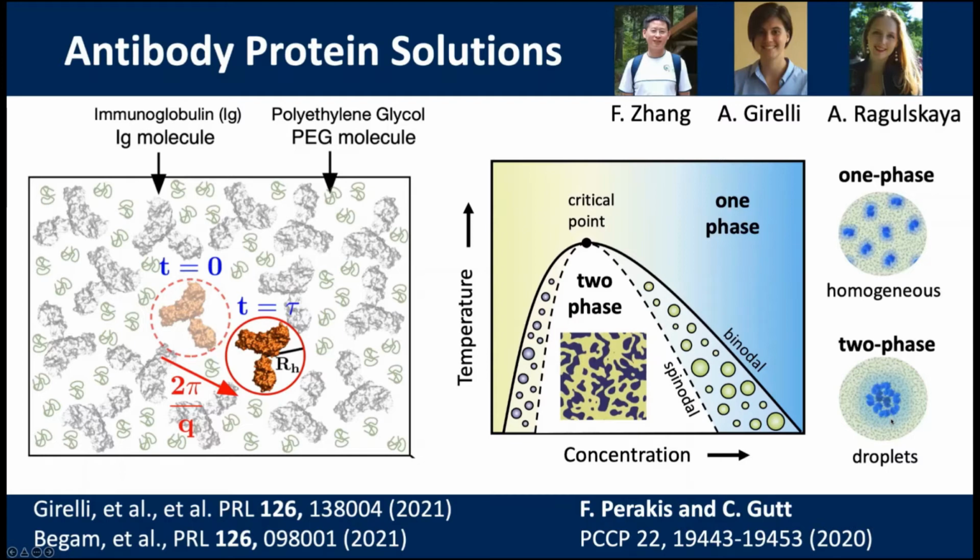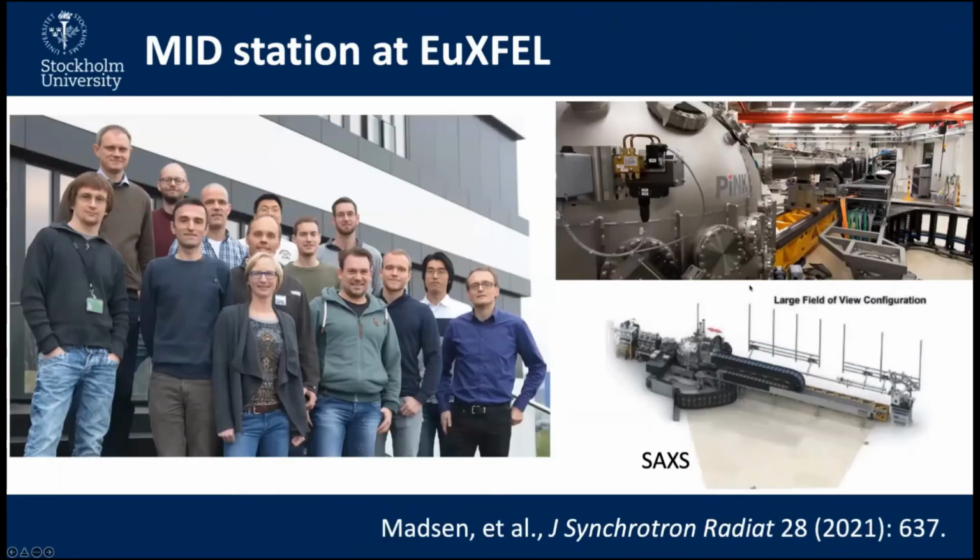This was actually part of the preparation of this very highly concentrated solution, by doing a phase separation and taking the concentrated part. But for this experiment, we did not look at the phase separation. We looked mainly at the one-phase region, and we did that at the MID station at the European XFEL.